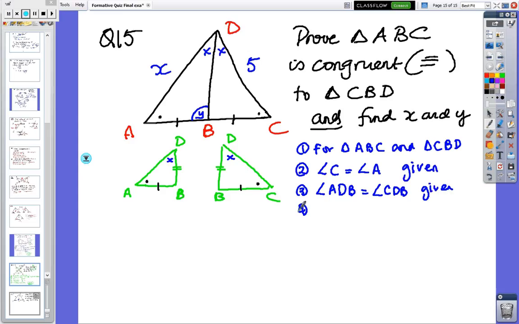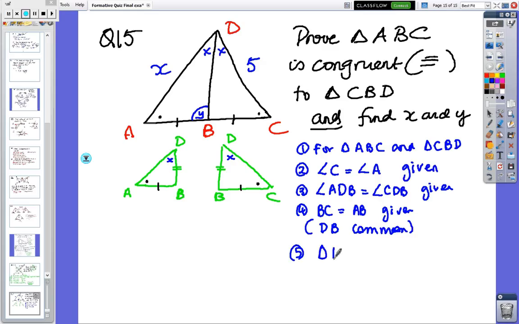Next reason, we've got plenty of reasons. We've got BC equals AB, which was given, or we could have had DB was common. And then we can just finish off with the proof.